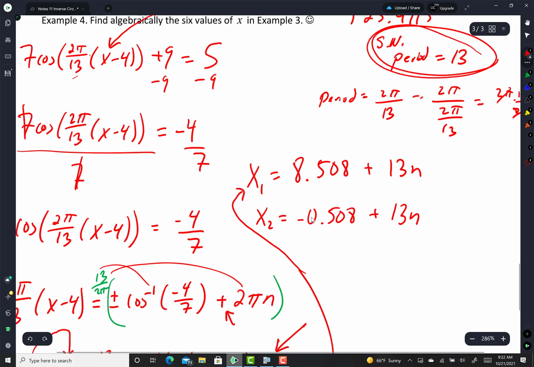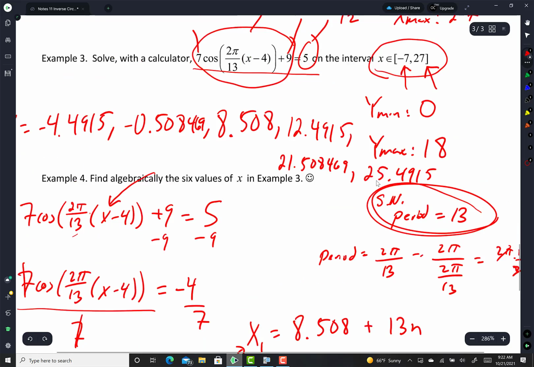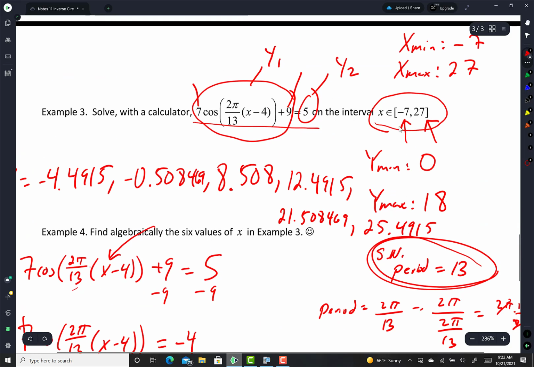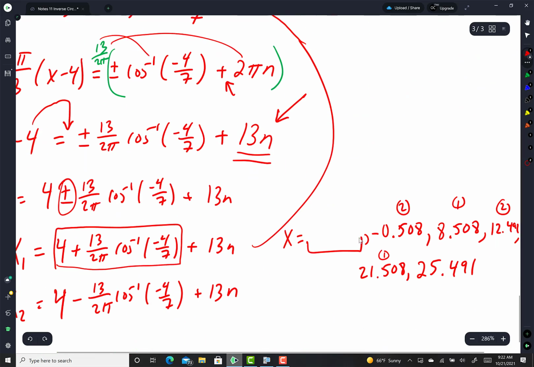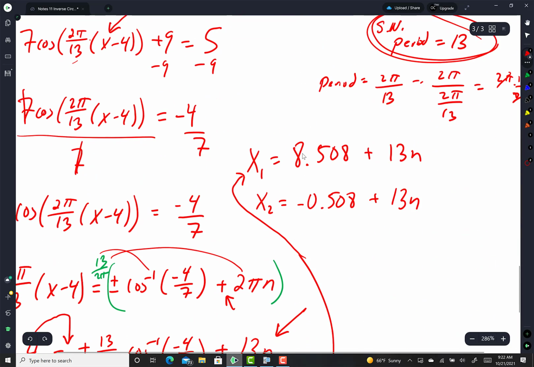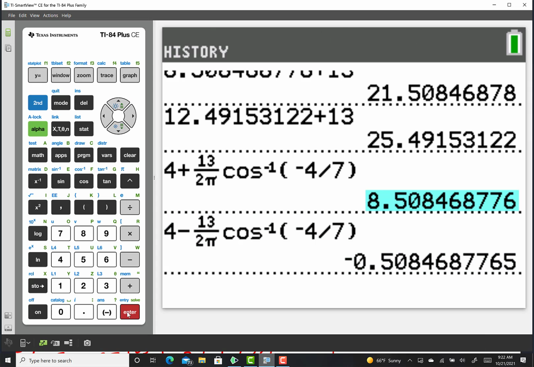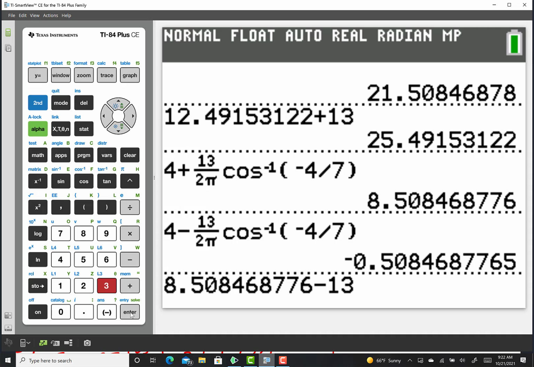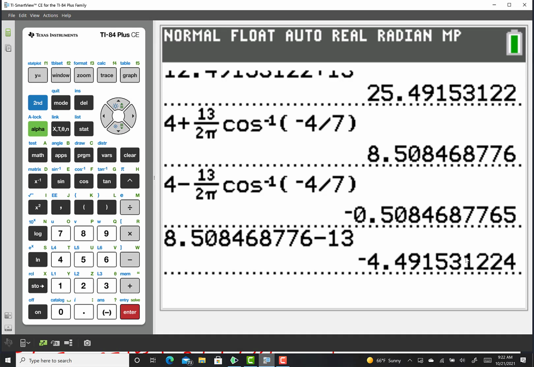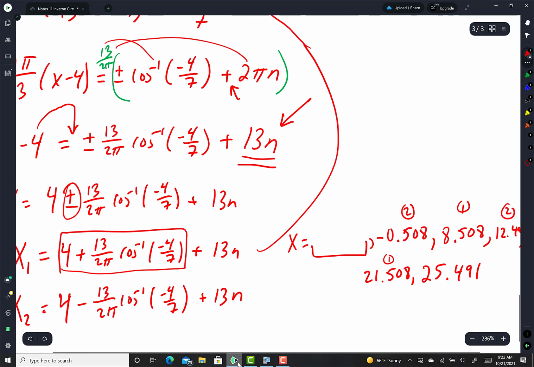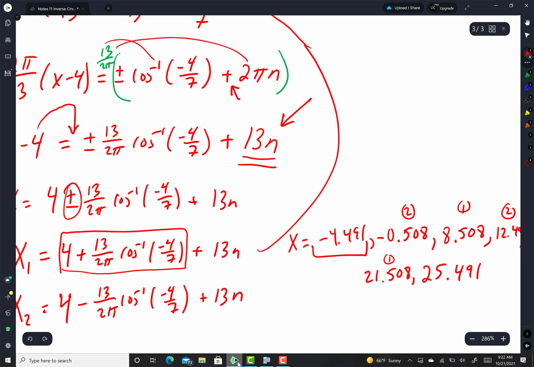If I were to take x2 and subtract 13, I would be at negative 12.44, whatever that is. And that is outside that domain. Does that make sense? So I take x1 and I subtract 13, and is that going to give me that number? Yeah. So let's see. There's my x1 up there. Push enter, and then minus 13, and push enter again, and there it is, negative 4.491. Cool or not cool? So type that in, negative 4.491.